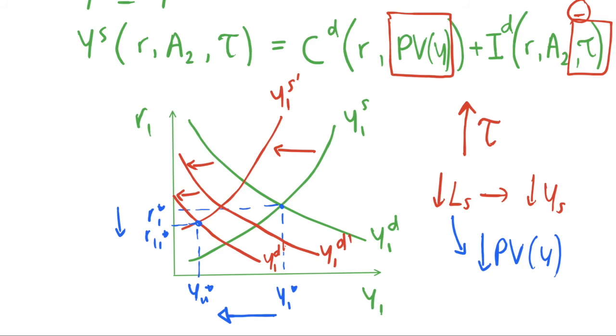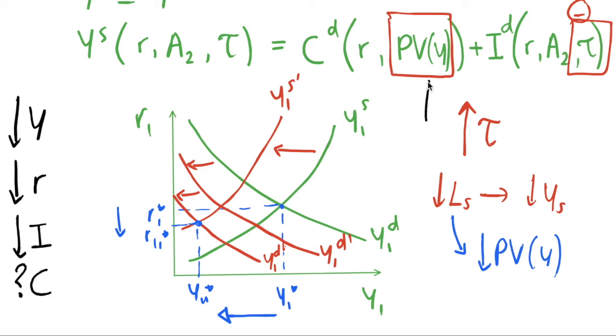But our overall effect here from our capital gains tax is that we clearly have a reduction in output, we have a reduction in the interest rate, and we can actually say something about our components of aggregate demand. If we were drawing them on this curve, we would say that clearly investment has fallen, but we are uncertain about our change in consumption, because we did have a fall in consumption due to present value income, but we've also had a reduction in the interest rate, so we're a bit uncertain about our consumption.